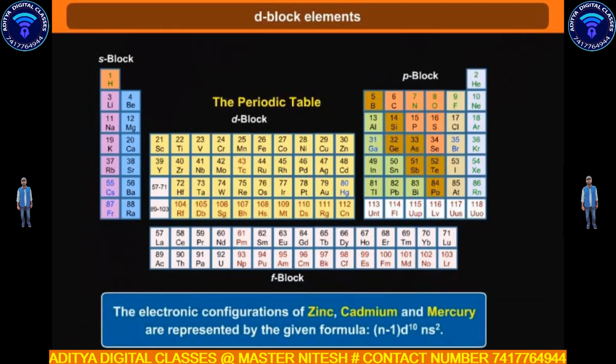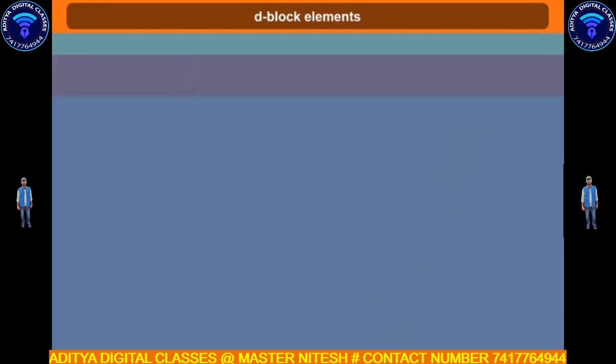The electronic configurations of zinc, cadmium, and mercury are represented by the formula (n-1)d10 ns2. Note, the half and completely filled sets of orbitals are relatively more stable.